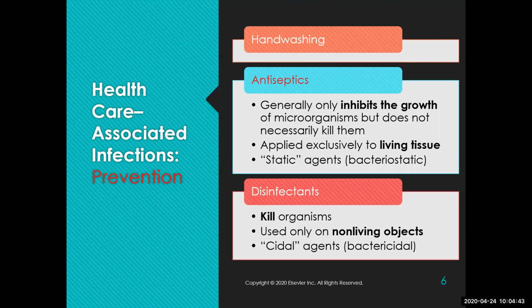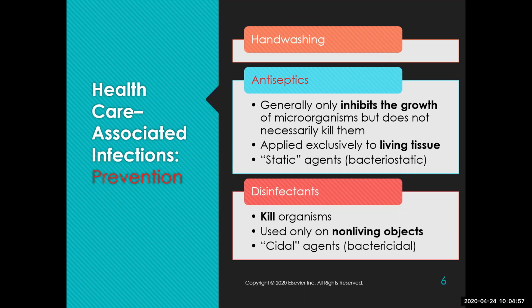It's really interesting, so I'll list that as a fun fact for you to watch. So hand washing is number one to help prevent healthcare associated infections and really any infections.